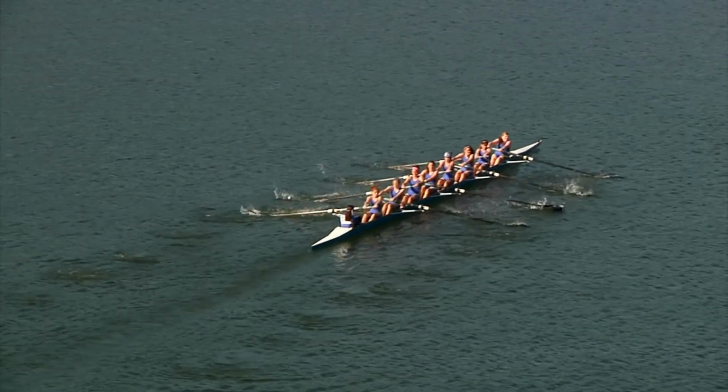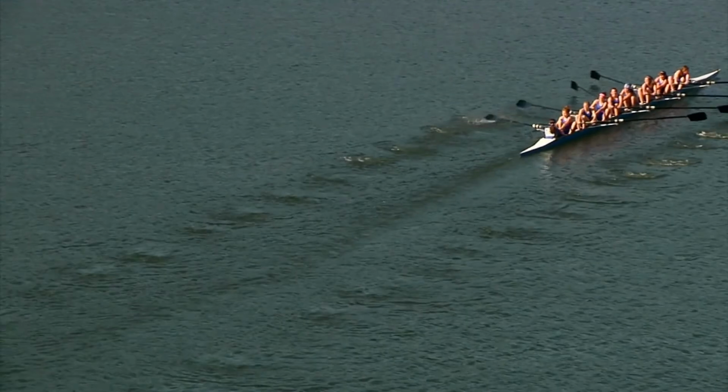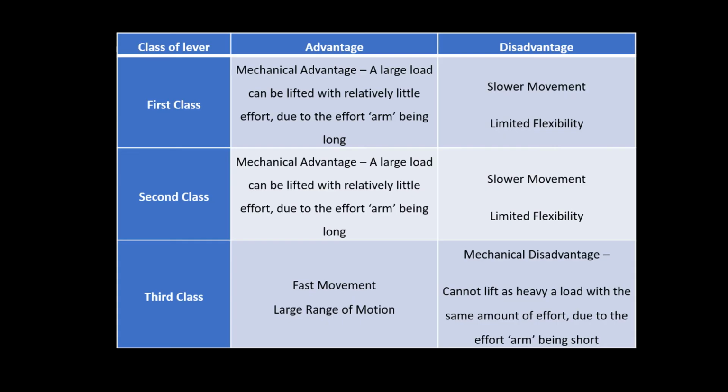And that's due to the length of the lever, which is the oar itself. So therefore, a large load, the water, can be lifted with relatively little effort when rowing a boat. And it's not as obvious, but it's the same for all first and second class lever systems.